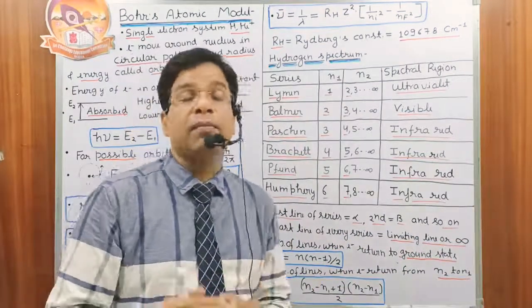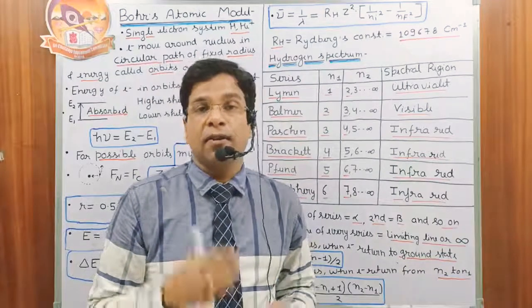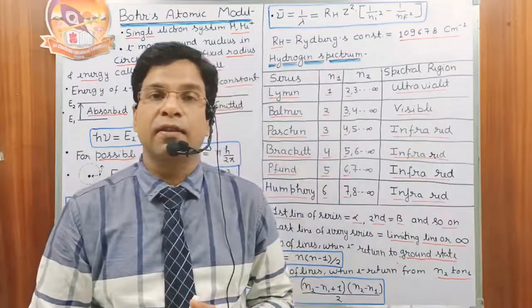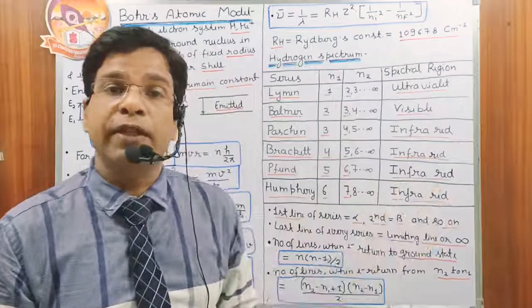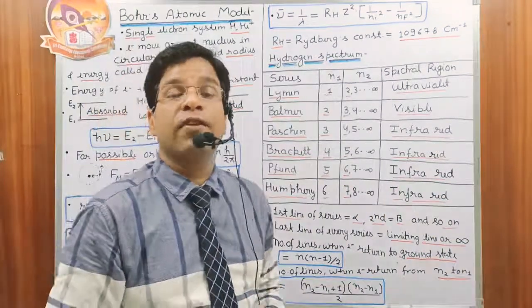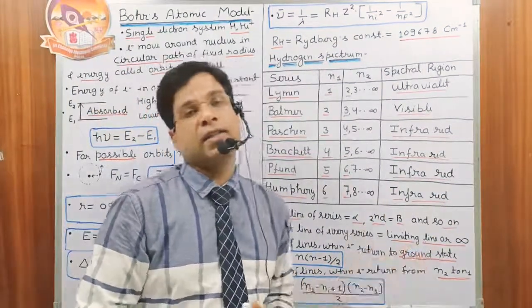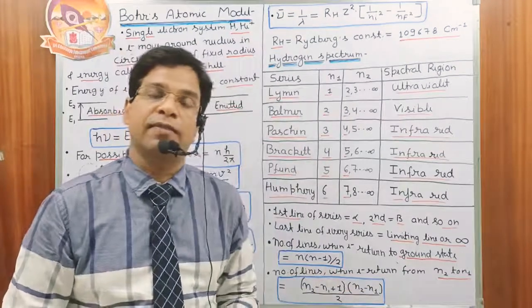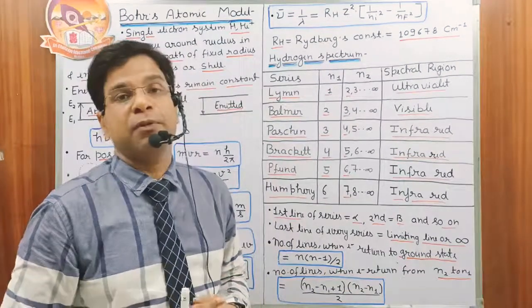If an electron comes back to n is equal to 6 from any higher shell, that may be 7, 8 up to infinity, that series is called the Humphreys series, and again the energy is in the infrared range. Okay, these we have to remember.